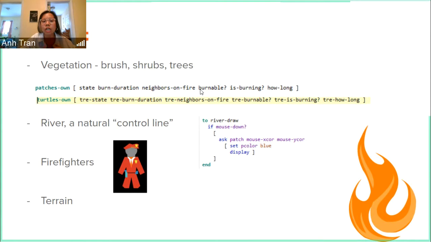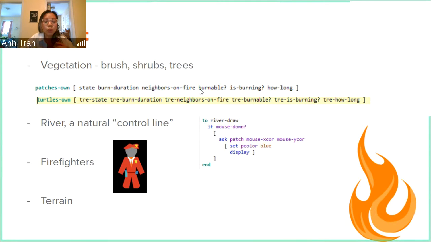So we have brush, shrubs, and trees. Our trees are stationary turtles, while our brush and our shrubs are just patches that have different shades of green, just to represent it. And the main difference between those three is their burn duration, which is 2, 3, and 5 ticks respectively.